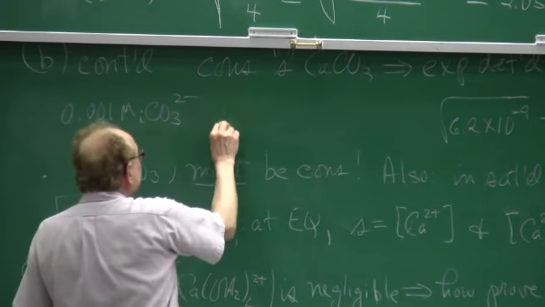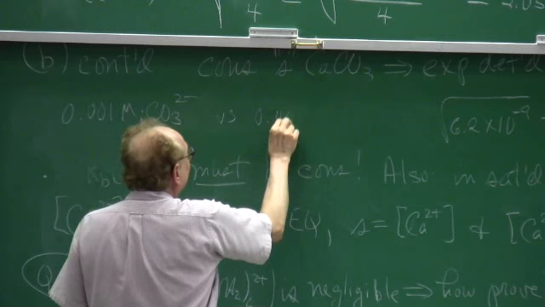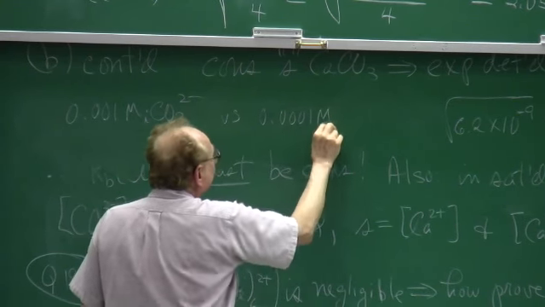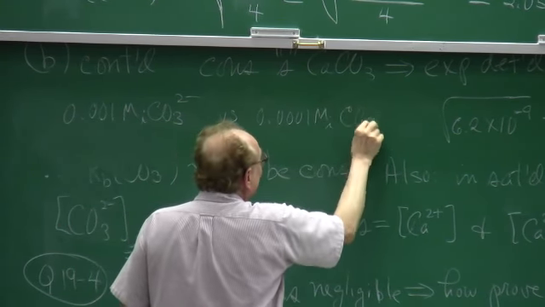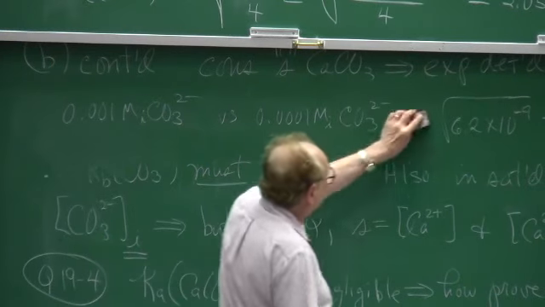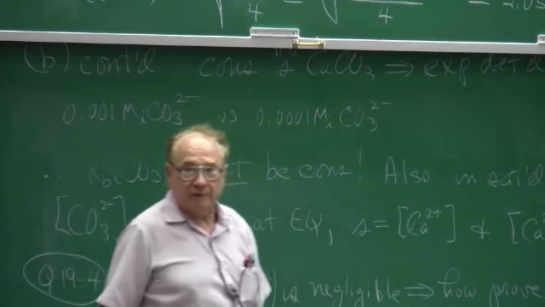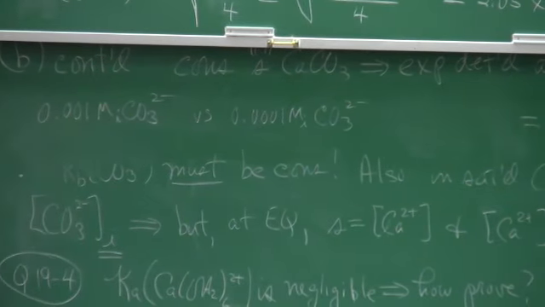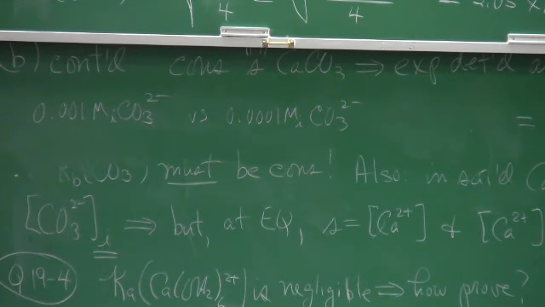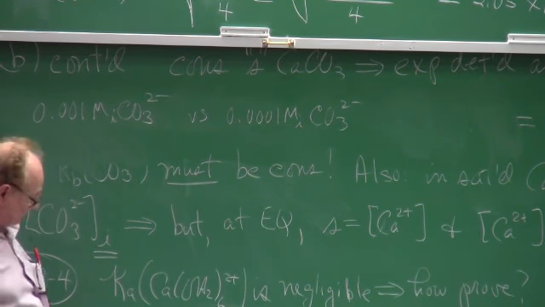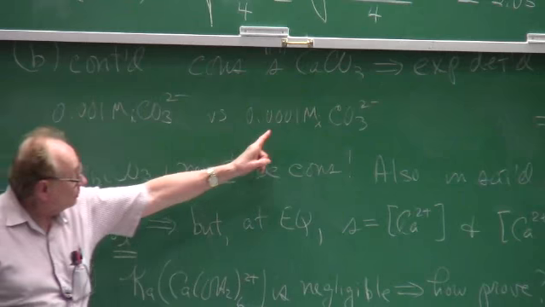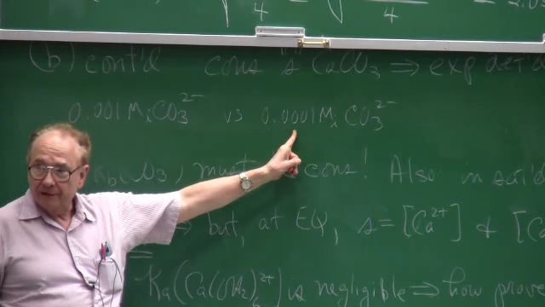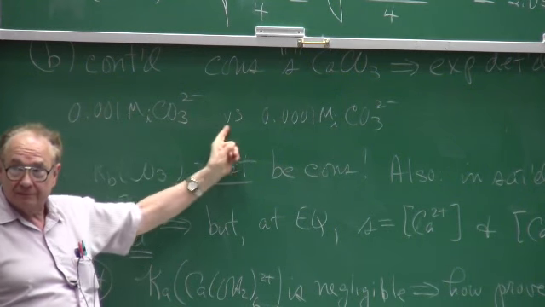Versus a second solution for which the initial molarity of carbonate ion is 10,000th molar. Okay, these are the two solutions. Those are the initial molarities. Now, this solution is considerably more dilute by a factor of 10 than this solution.